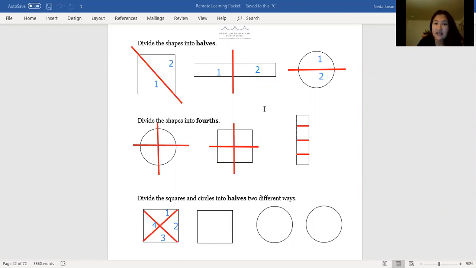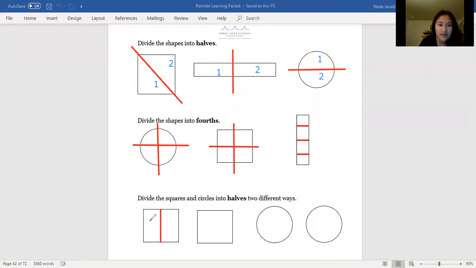Now let's check the next one. Let's draw 1, 2. Oh, sorry, scholars, I got tricked again. We are dividing into halves. So let's divide it into 2 equal parts, not 4 equal parts. Silly Miss Jaffy.